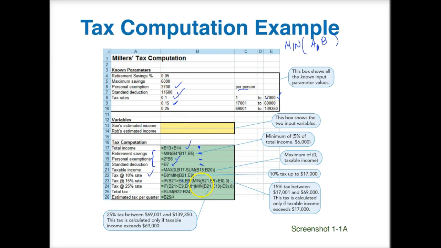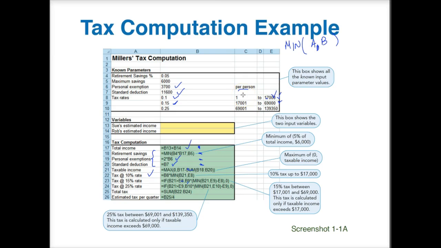And then we're going to take the minimum between B21 and E9, where again, B21 is your taxable income, okay? And E9, if we look here, is the upper range of the 15% tax bracket. And then of course we'll subtract from that whatever E8 is, which is here.